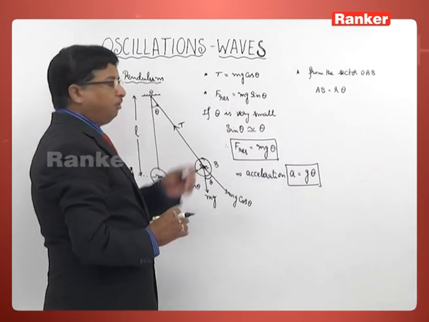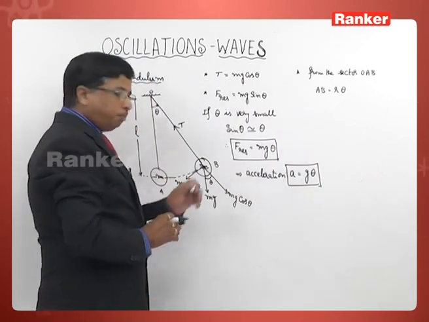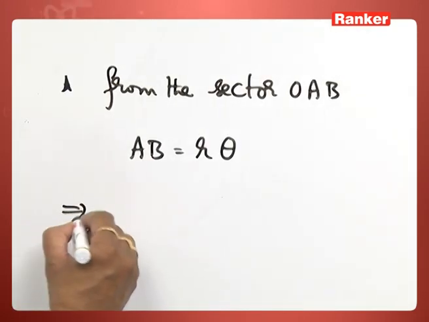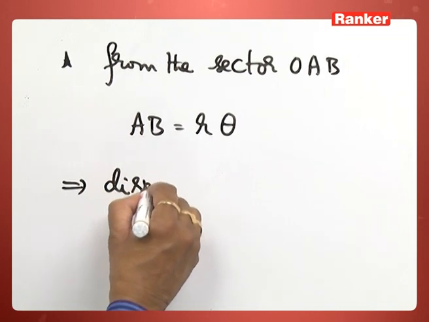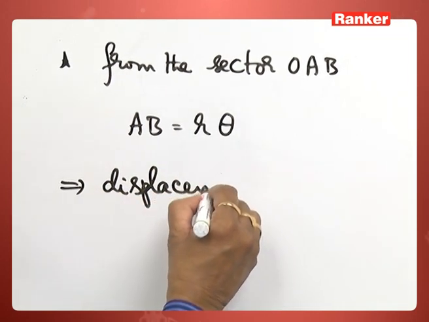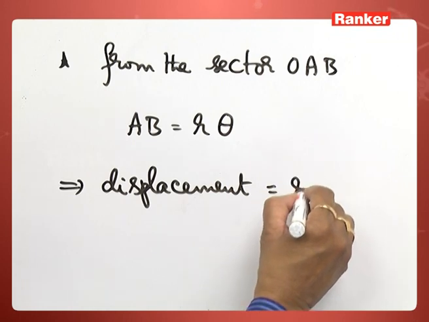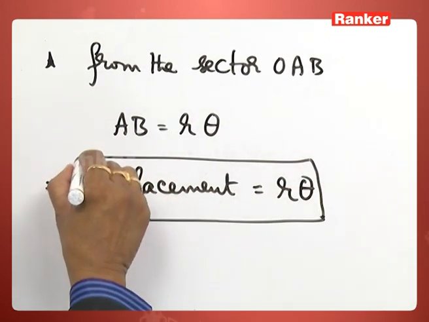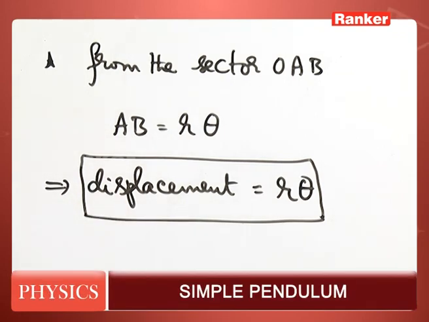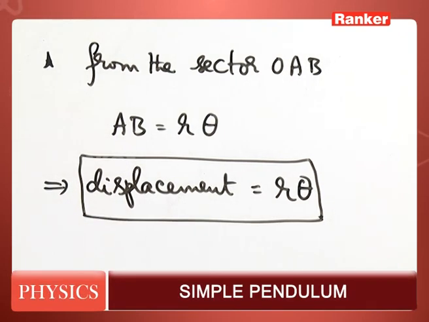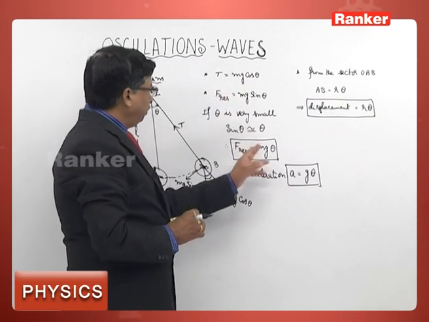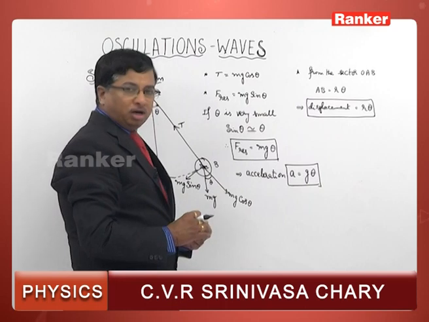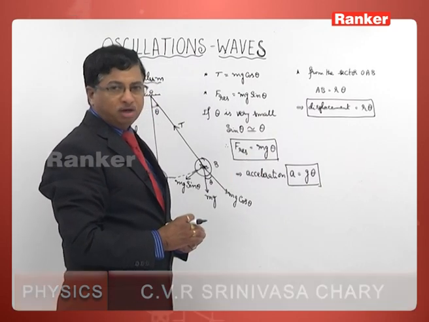That is the displacement of the bob. Therefore, we can rewrite it this way: displacement of the bob is equal to r theta. This is the next equation one has to remember. So individually, when I remind you of all the formulae here, these are the major equations one should have in memory. This is the acceleration part of it, and that is the displacement part of it.